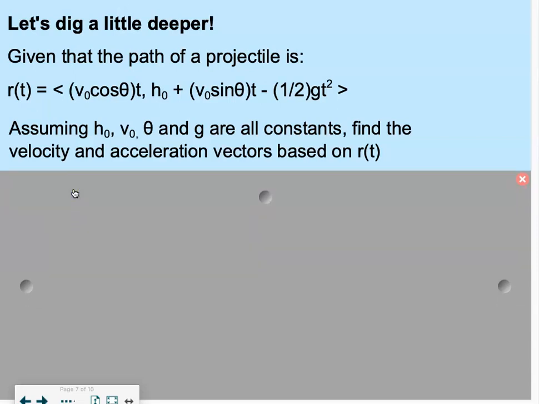Find the velocity and acceleration vectors based on r of t. So take a minute and see if you can find your v of t and your a of t, assuming that h sub 0, v sub 0, theta, and g are all constants.